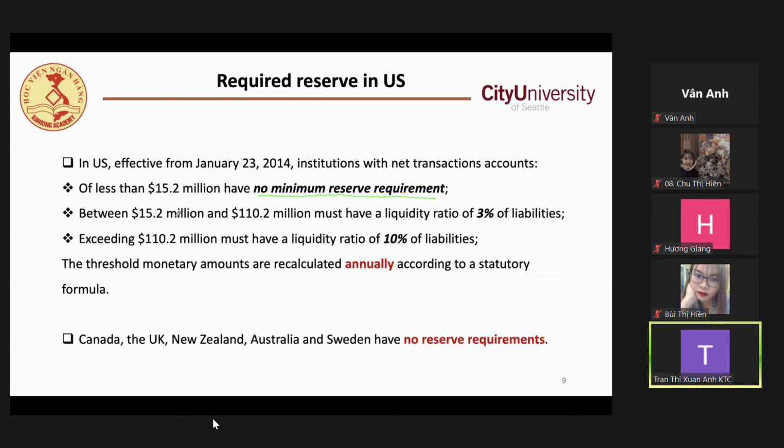However, if they take deposits from clients totaling from 50.2 million to 110.2 million, the liquidity ratio is that they need to leave 3% of deposits as bank reserves. And when the total deposits are more than 110.2 million, the reserve requirement is about 10%.